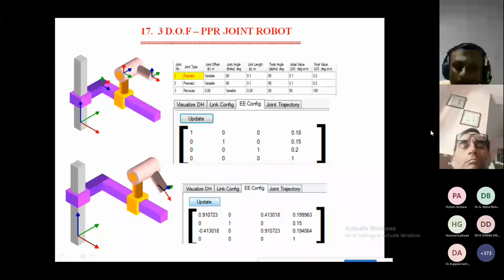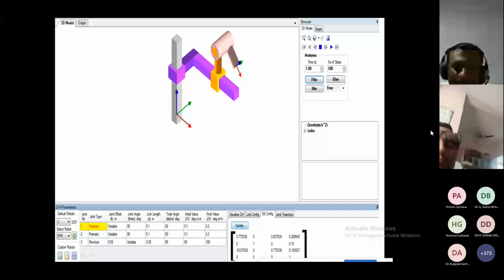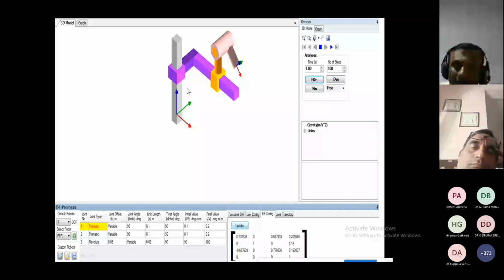This is another one, taken during a random click. The degree of freedom is 3, and this is the PPR prismatic robot. First you will see this is prismatic, that means linear motion. The pink one will move in a vertical line up and down, that is linear motion.